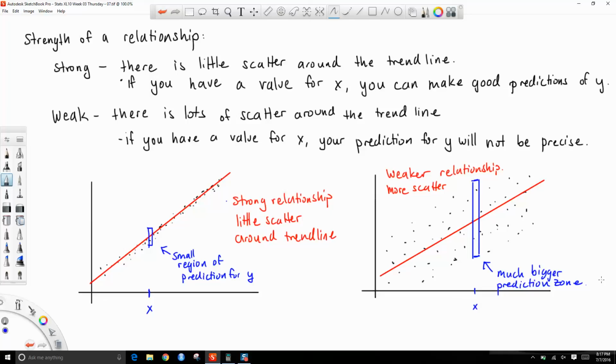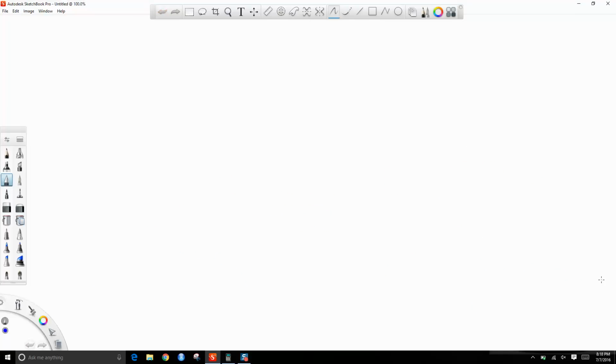So we're gonna learn how to quantify these things with a value, and that value is called the correlation coefficient.